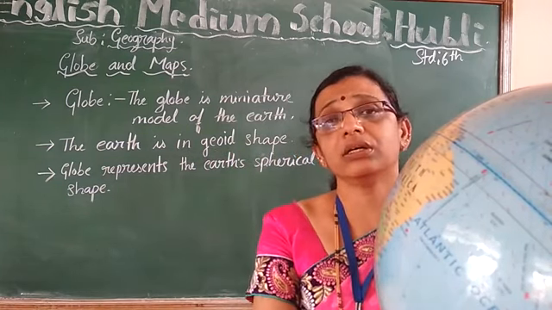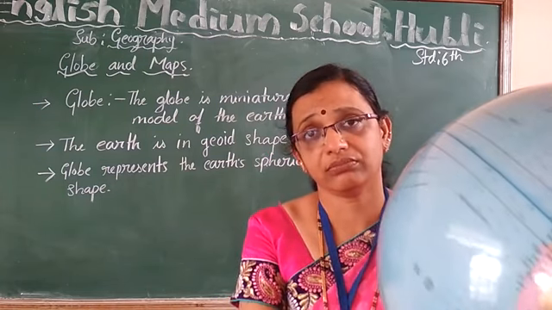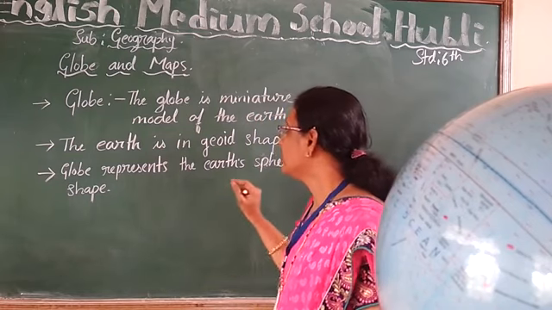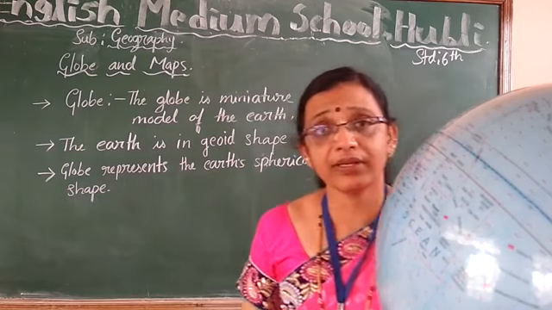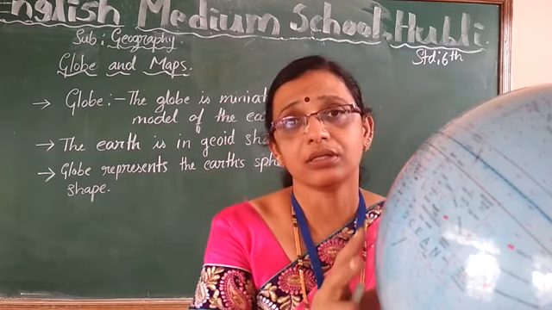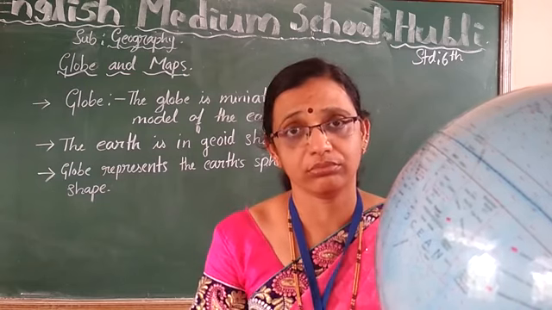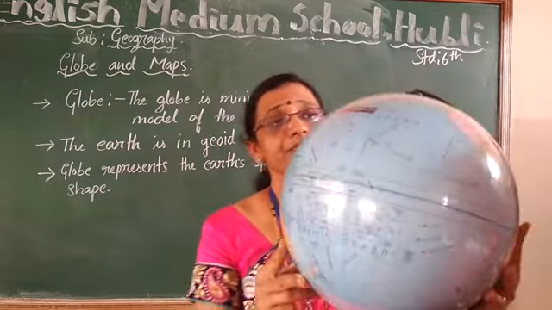This globe is representing the shape of the earth. Yes, no? Then, this globe represents the earth's spherical shape. Spherical means what? See, this earth is not exactly round. It is roughly round. Why it is so means, see children, this is earth.